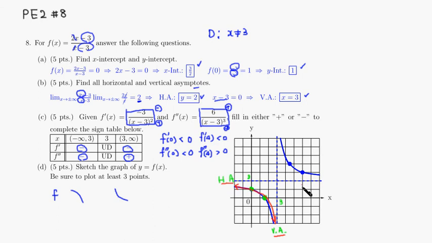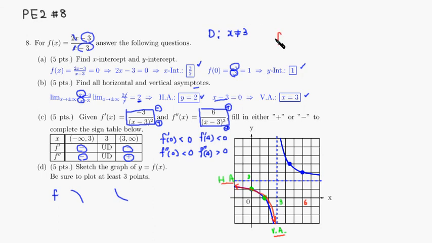So what I did was pick a random number. I picked 6. Plug it into the original function.